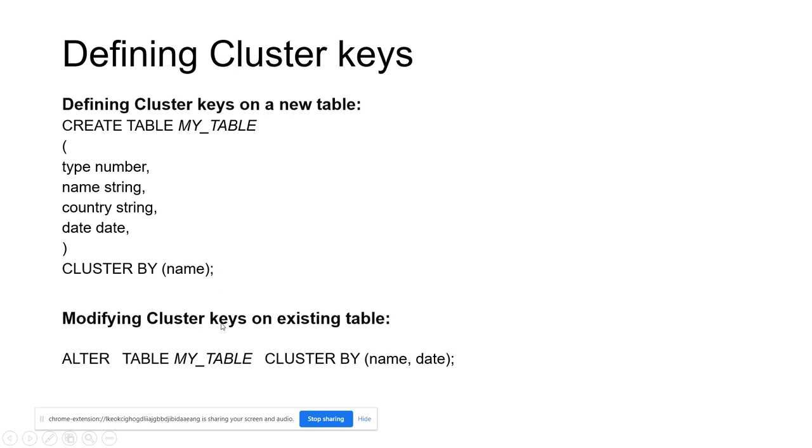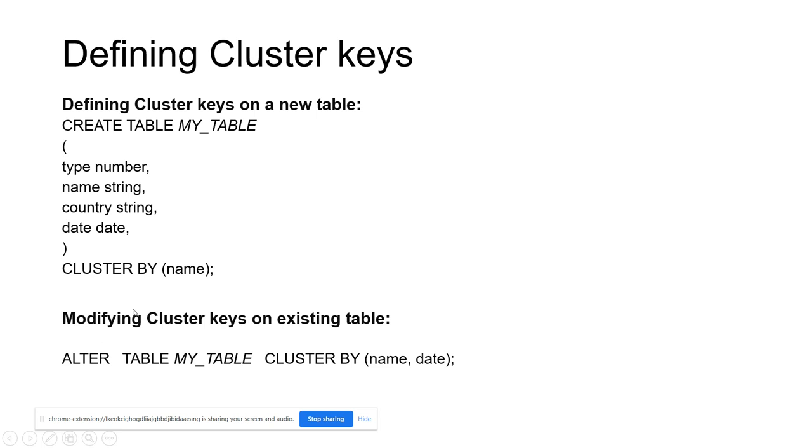The next way is modifying the cluster keys on an existing table. Suppose initially we felt the clustering is not required, so we created a table with no cluster keys. Later I realized, okay, I need it because my data size is growing and my query performance is not good. Now I want to define cluster keys on the existing table.